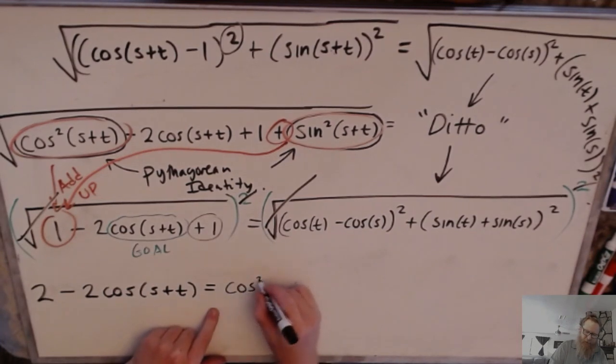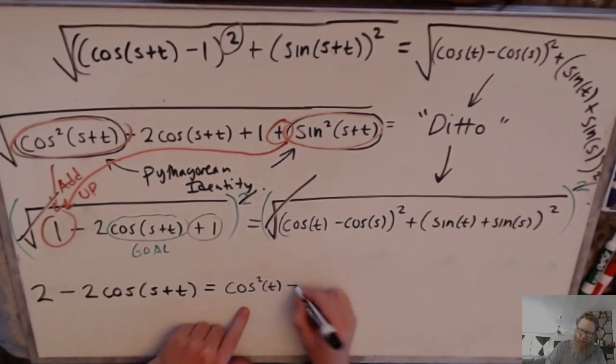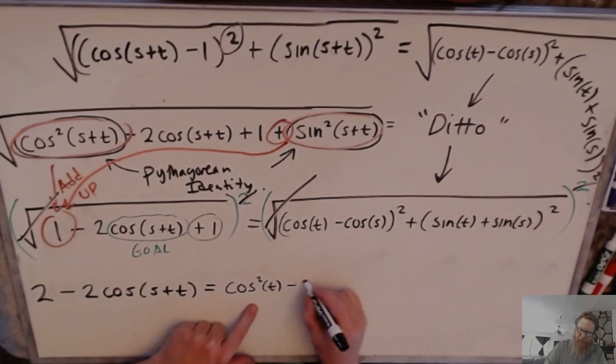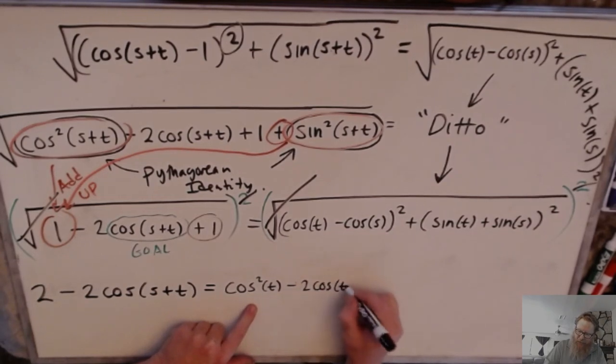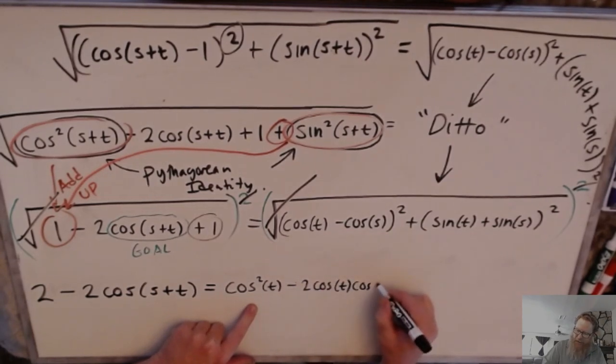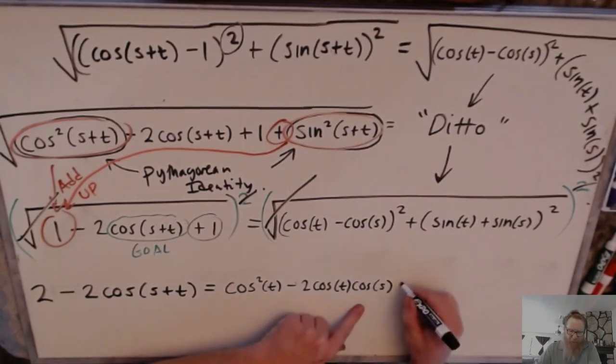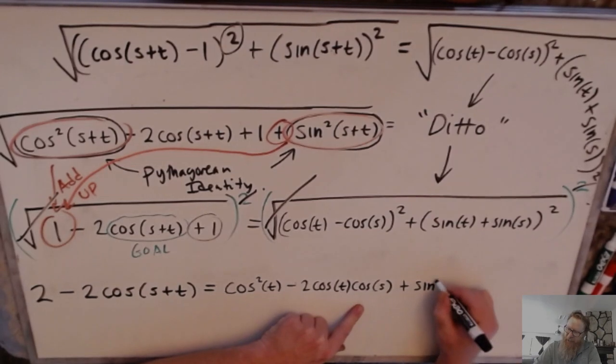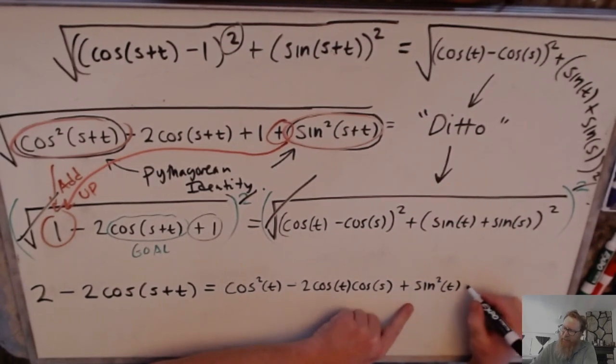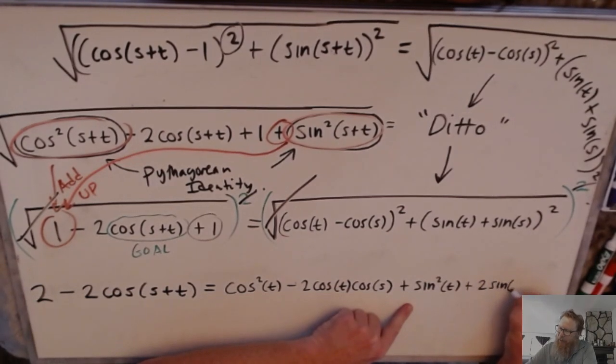That's going to be cosine squared t minus 2 cos t cos s plus sine squared t plus 2 sine t sine s.